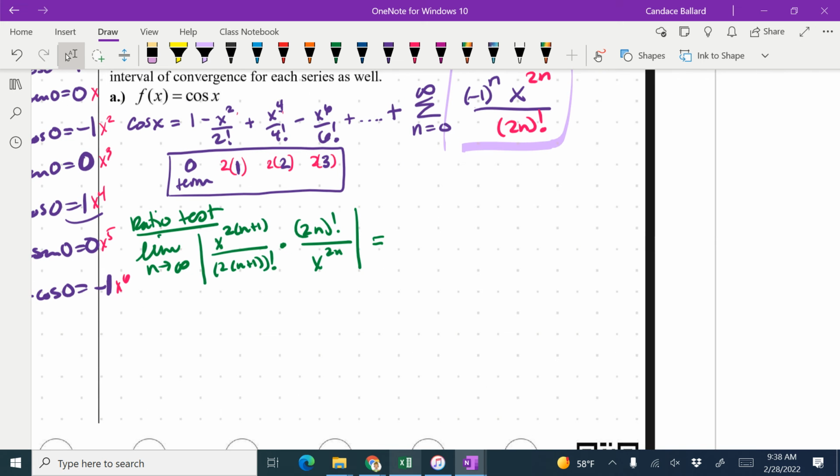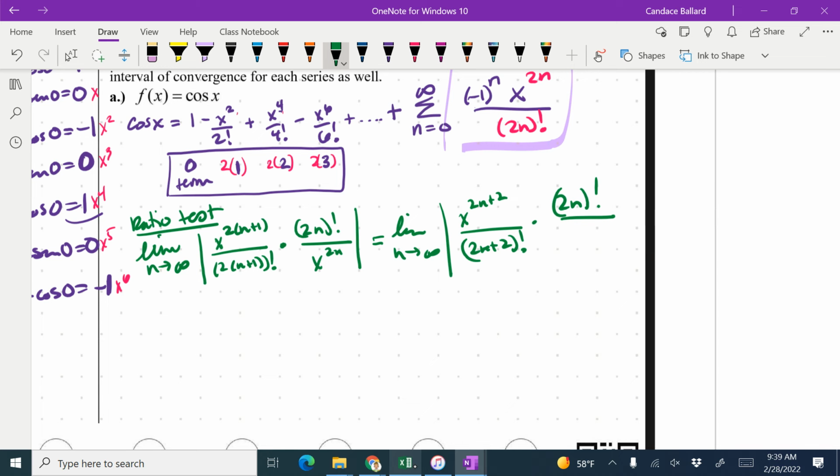All right, before I make an attempt, I'm going to go ahead and distribute that too, because I'm not really sure what it's doing with things right now, so I'm going to start there. So the limit as n approaches infinity of x to the 2n plus 2 over 2n plus 2 factorial times 2n factorial over x to the 2n.